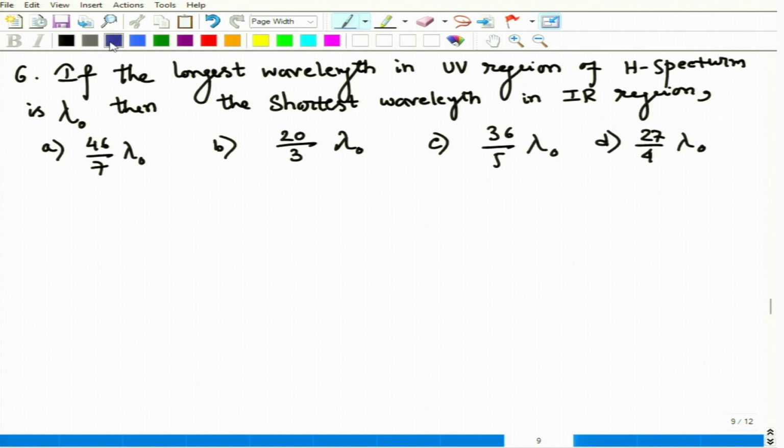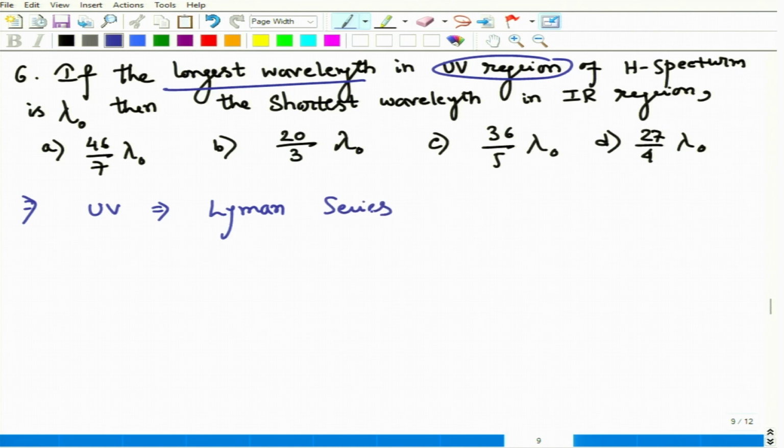Okay, longest wavelength they have asked. Longest wavelength UV region. UV region means essentially it's the Lyman series, because we know that Lyman series basically lies in the UV region. So now the formula is same, 1 by lambda naught equals R into, for Lyman series it is actually 1/1 square minus 1/n square.